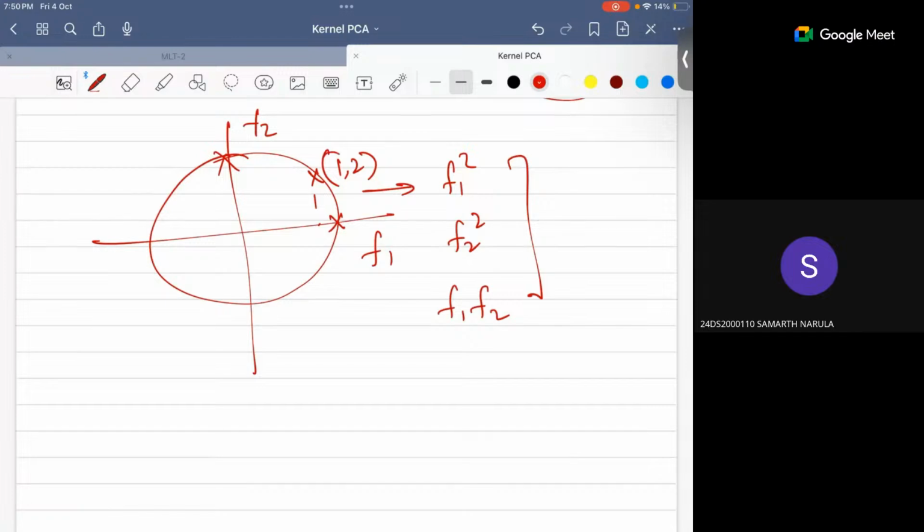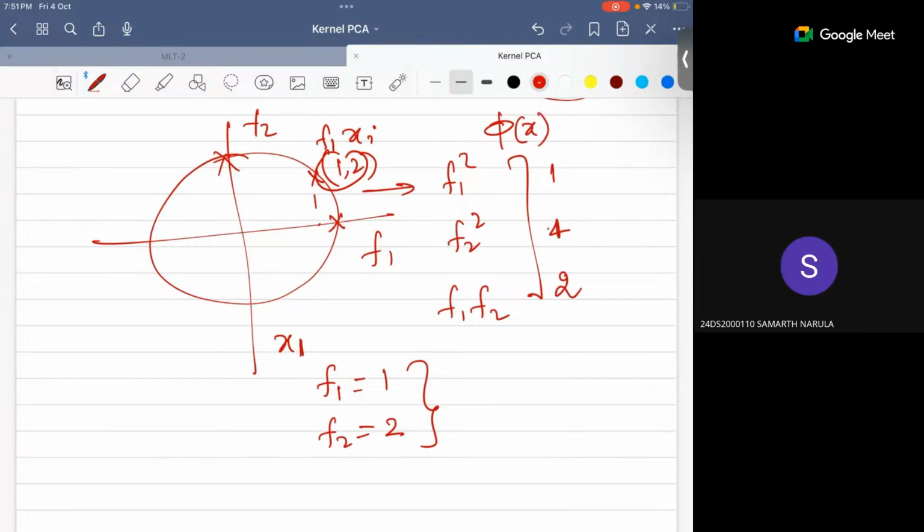So for this data point x1, the feature f1 is 1 and f2 is 2. Now my transformed data point after mapping will have the values 1, 4, and 1 into 2. This will become phi of xi.